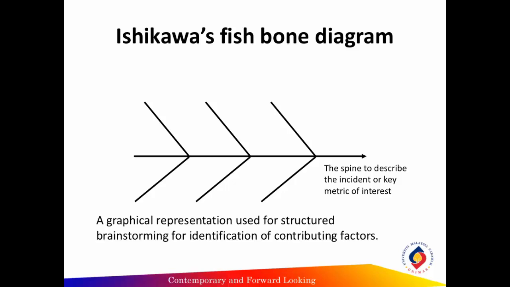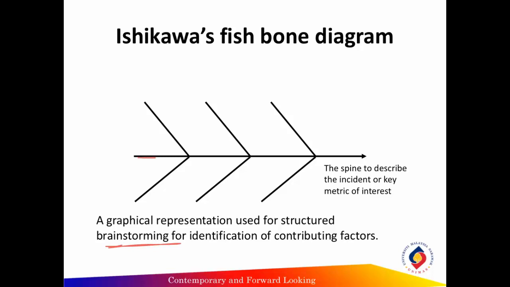This is the basic structure of an Ishikawa fishbone diagram, and we can see that basically the Ishikawa's fishbone diagram is a graphical representation used for structured brainstorming for identification of contributing factors.